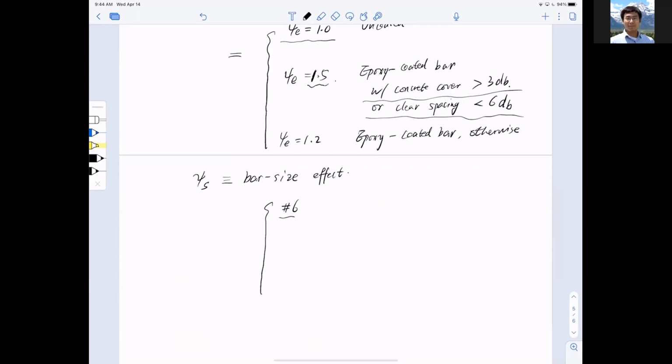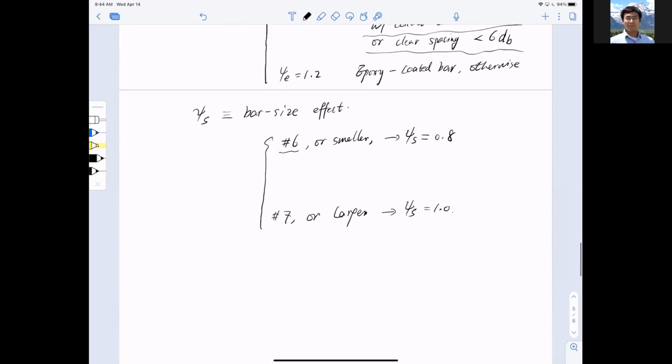So for number 6 or smaller, I can reduce my development length by 20%, so 0.8. But if it's number 7 or bigger, then you need the full development length.